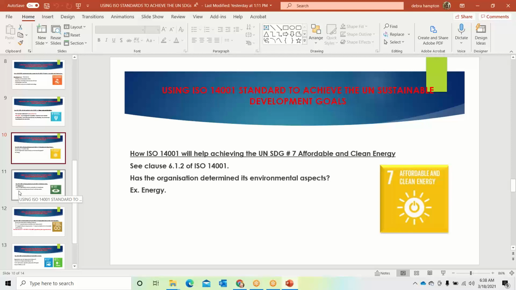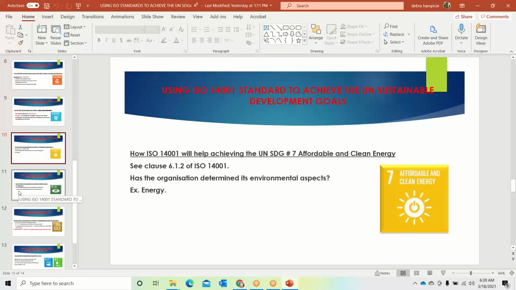So we can relate this goal to clause 6.1.2 of our standard. This 6.1.2 actually talks about determining environmental aspects.